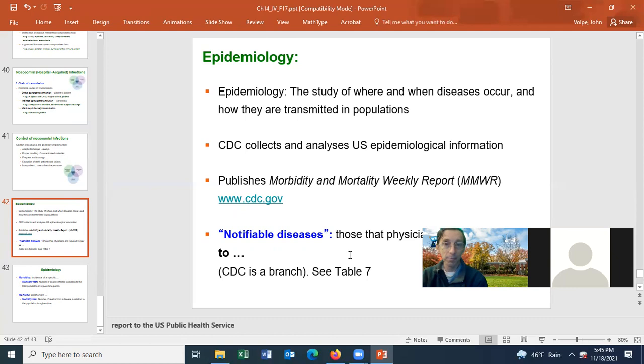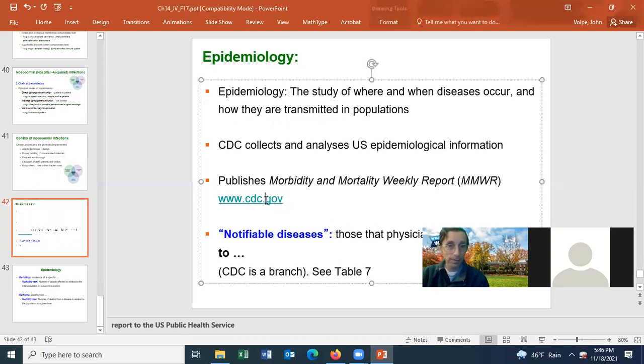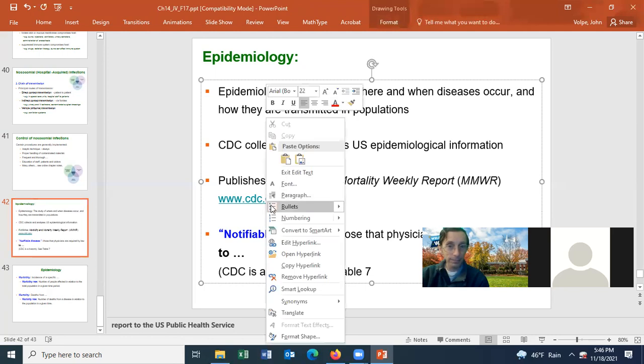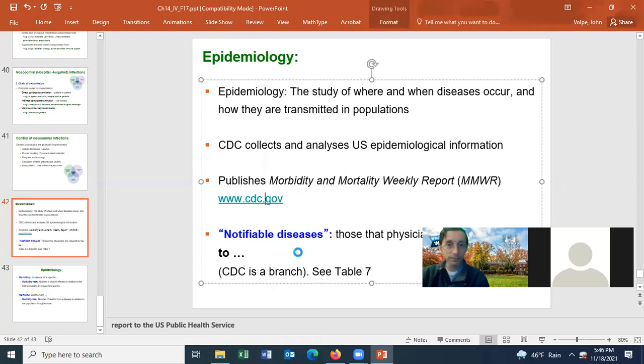And then they publish that weekly in the Morbidity and Mortality Weekly Report. The MMWR is what that's abbreviated, because Morbidity and Mortality Weekly Report is a difficult thing to say.